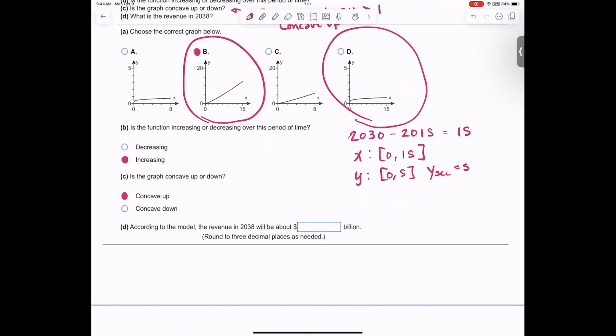So 2038 is how many years since 2015? Because that is what my model is modeling, the number of years since 2015. Is this 23 years? So I can go look at my table where X is 23, and that will give me the revenue.